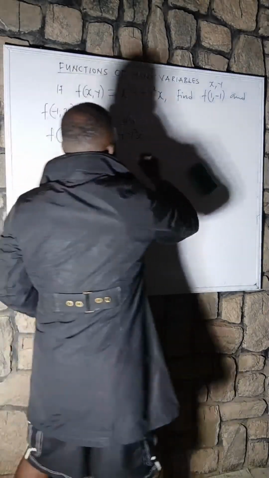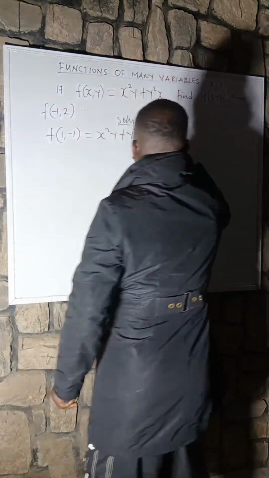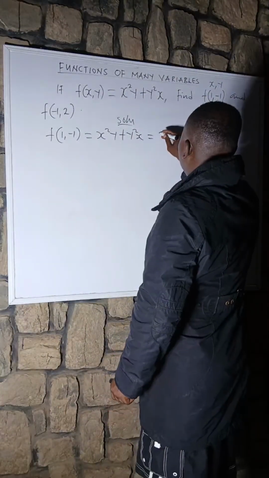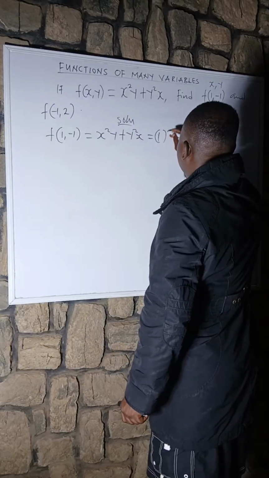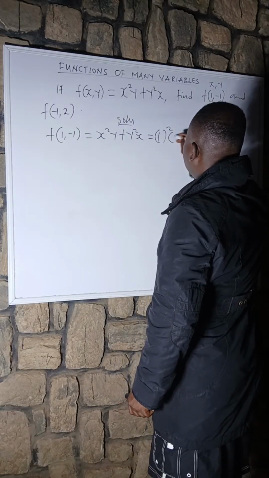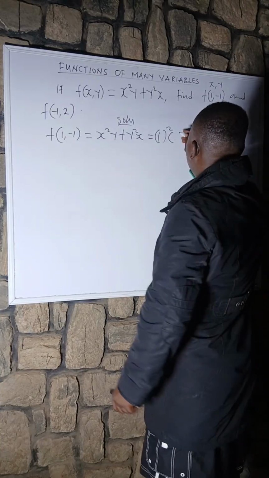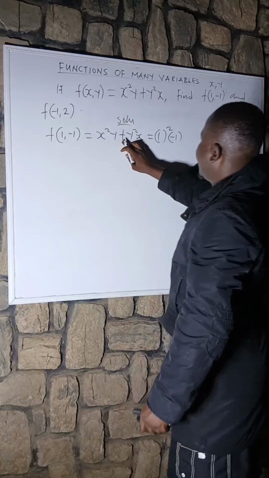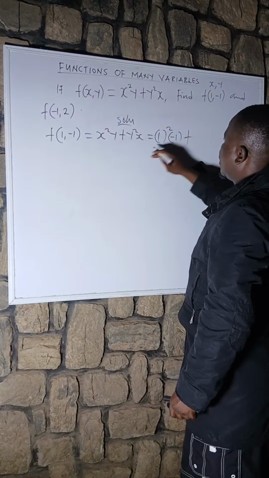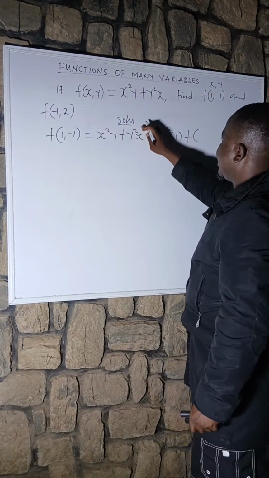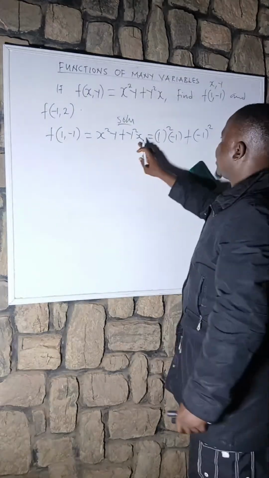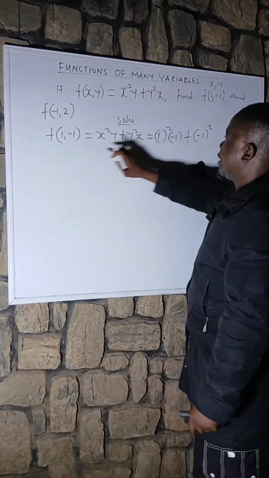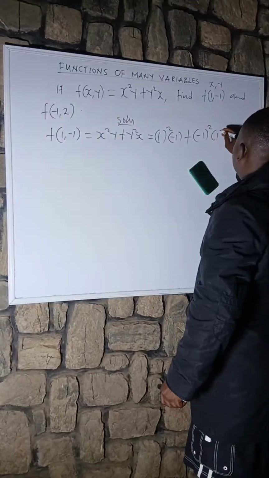So here we are going to have 1 times, but 1 here is squared, then times y, which is minus 1, plus y squared, minus 1 all in square, then x is 1, times 1.